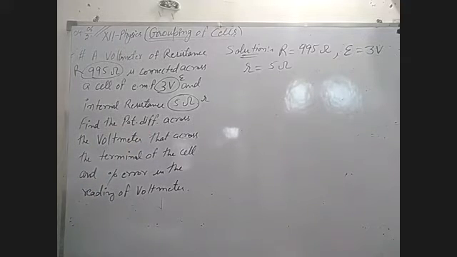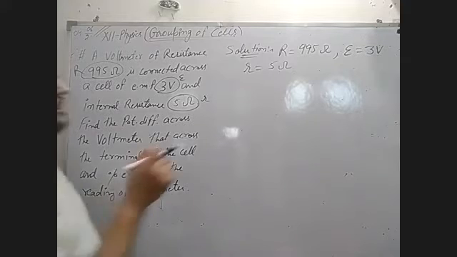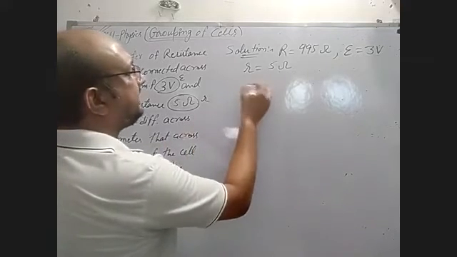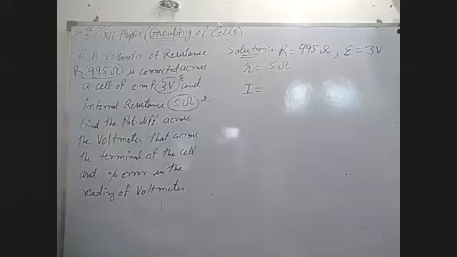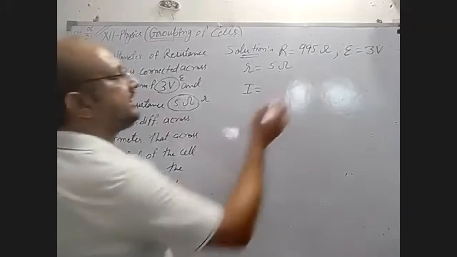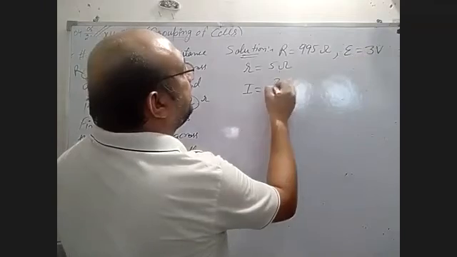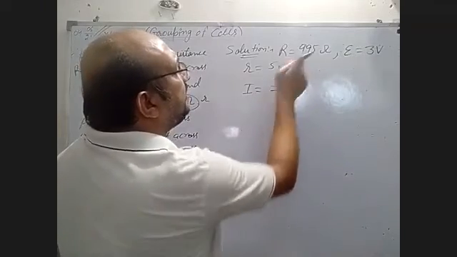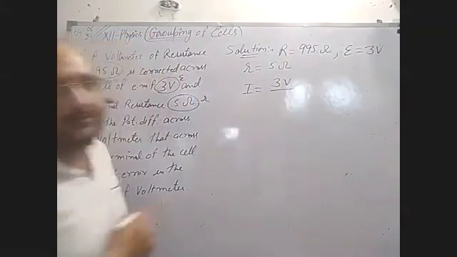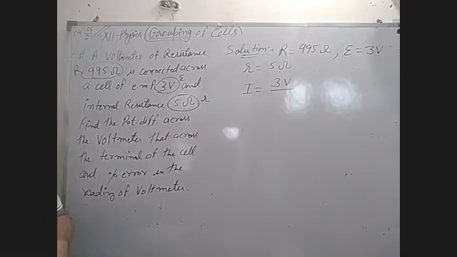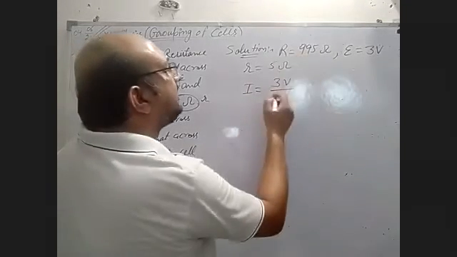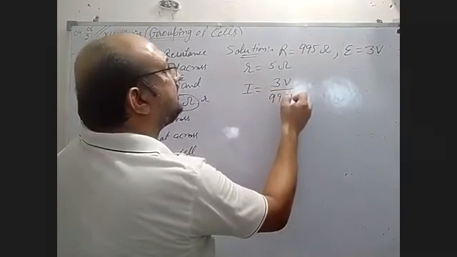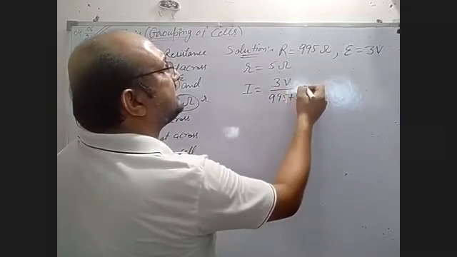But for potential difference, firstly, we are taking the value of I. How can current in the circuit be calculated? By taking EMF upon total resistance. Not only the external resistance you have to take, but also you have to take internal resistance.